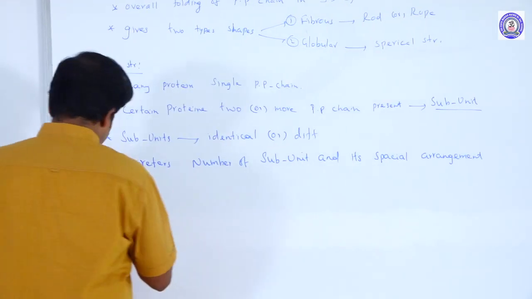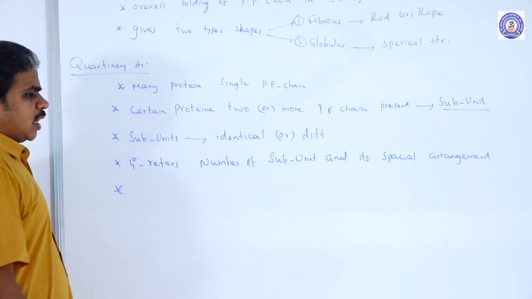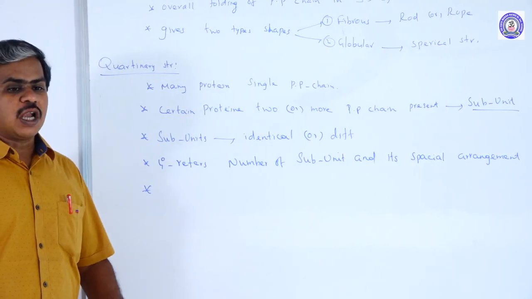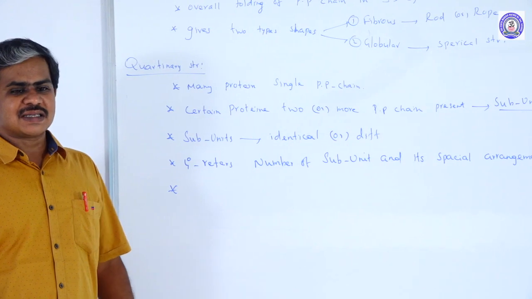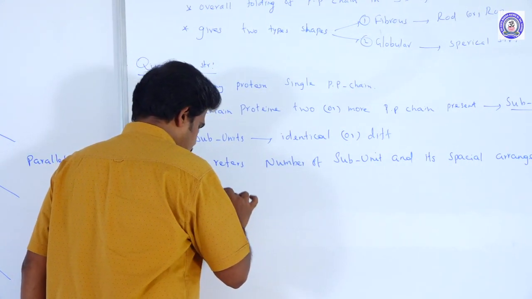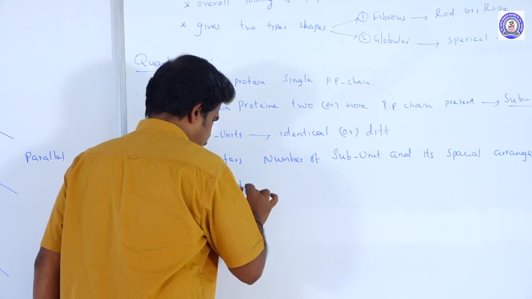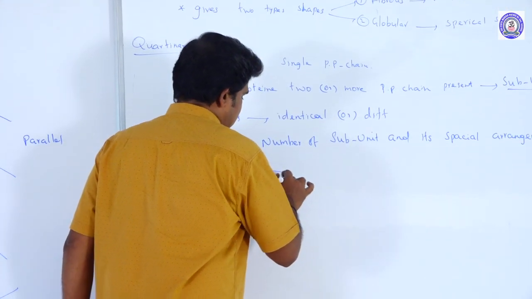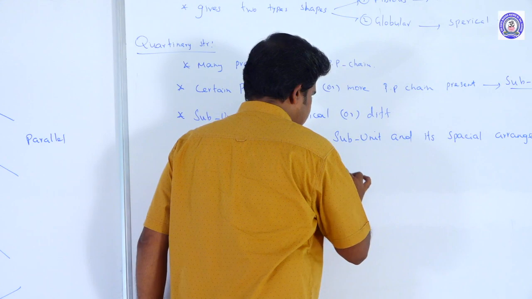For example, we are taking hemoglobin. Hemoglobin has 4 polypeptide chains as subunits.